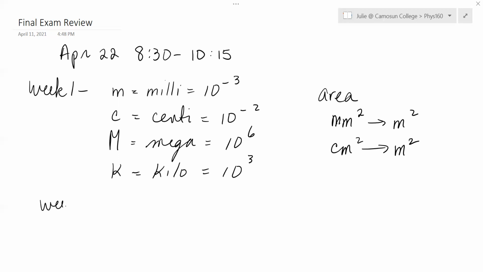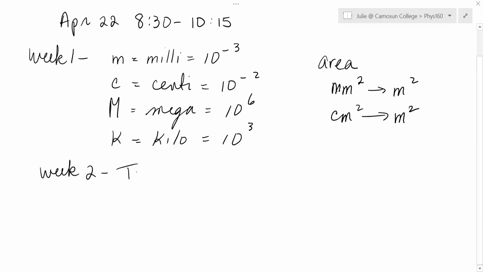Week two was, the most important thing was the trigonometry. And I think you got pretty good at that. I will give you a formula sheet with all the important formulae on it, and I'll do a little video later of that. But for the trigonometry, remember, it's the right angled triangles.